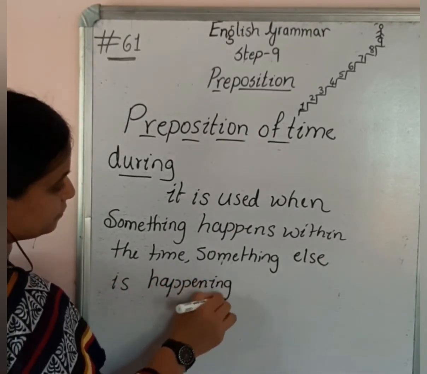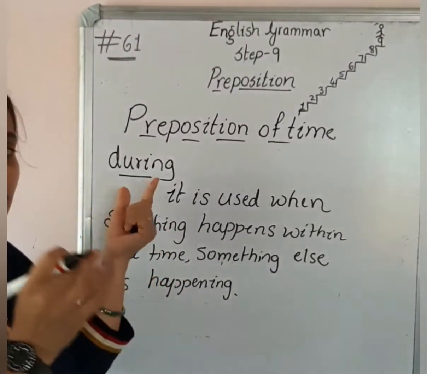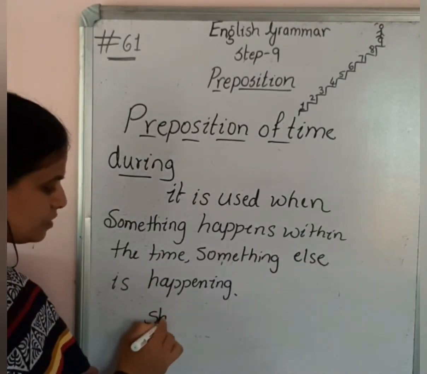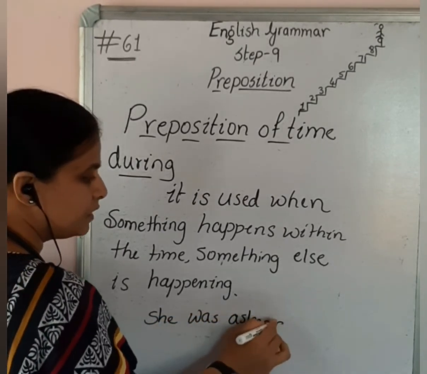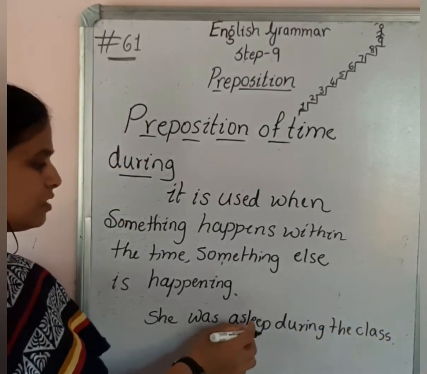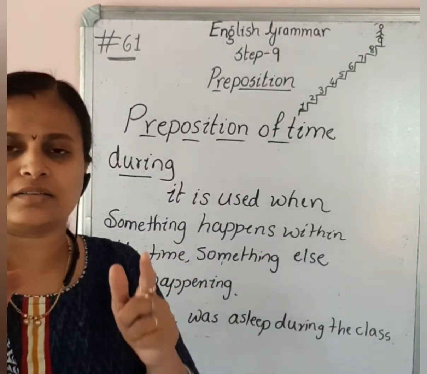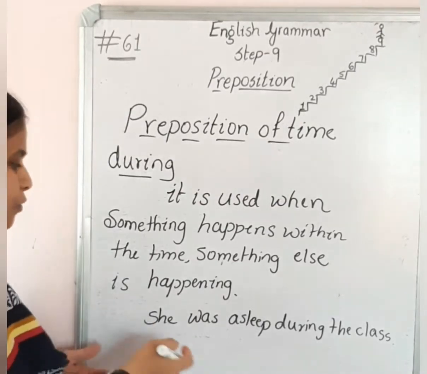For example, something is going on, right? So within that time period only, if anything else happens there, then you can use the word during. For example, she was asleep during the class. So she was asleep during the class. So class is going on. In that time period only, she was asleep.